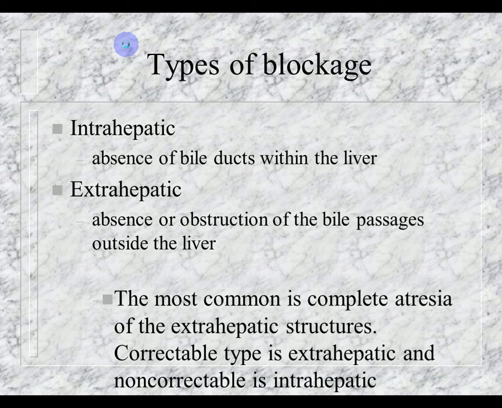Extrahepatic is lack of the bile ducts outside. So that one is called correctable because we can go in and anastomose the small part of the bowel up to a remnant of the bile passage duct and create a duct for the bile to fall into. This one is also, for our fortunate, the most common type, the extrahepatic. And since that's the correctable type, that's a good thing.